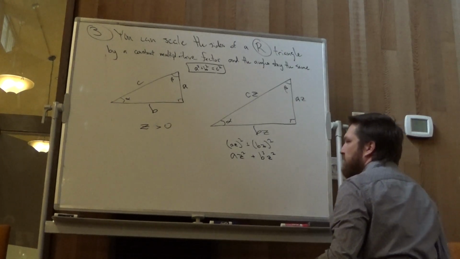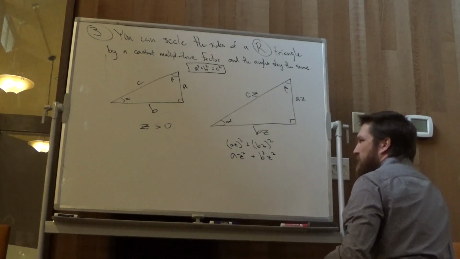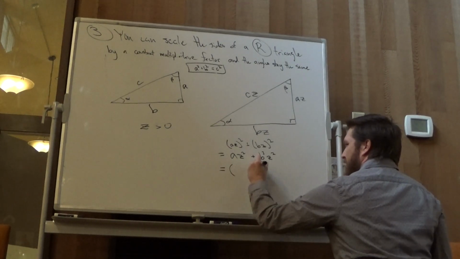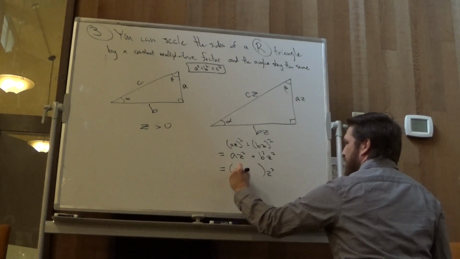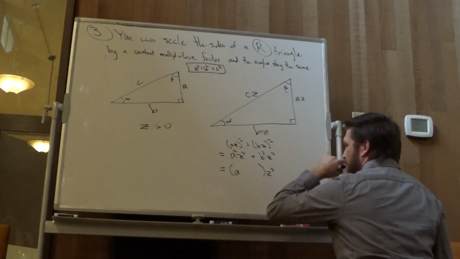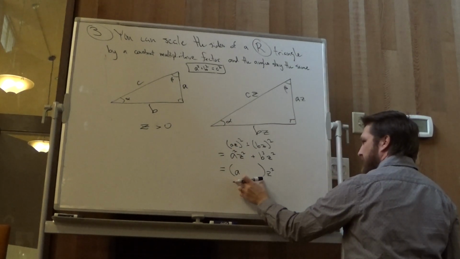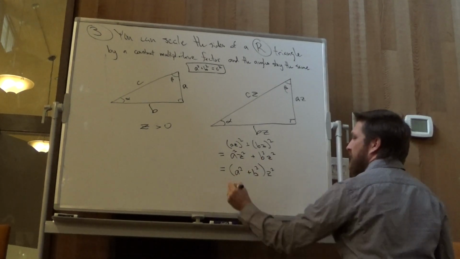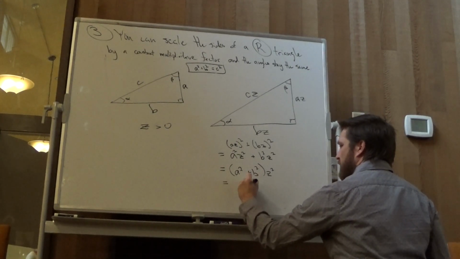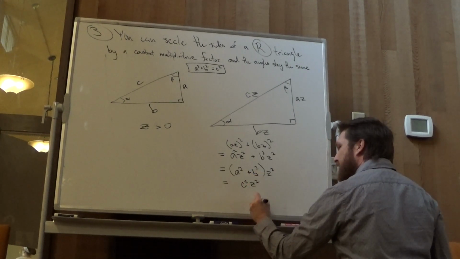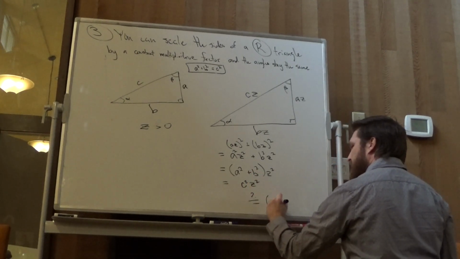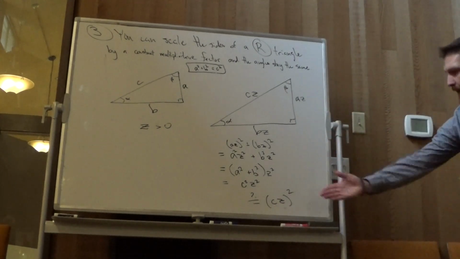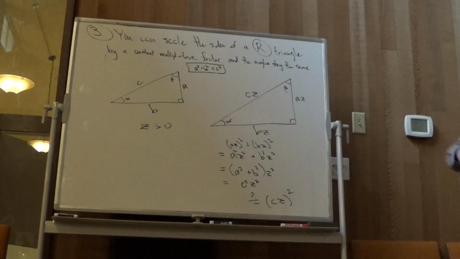Can we factor anything out? I can factor out Z squared, and what's left over in here is A squared plus B squared. And what's that equal to? C squared. So it's Z squared times C squared. Is that the same thing as CZ quantity squared? Yeah. So it's still a right triangle.